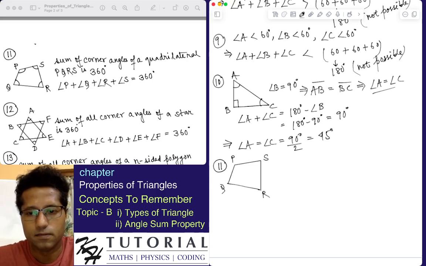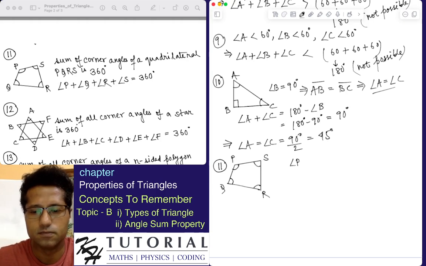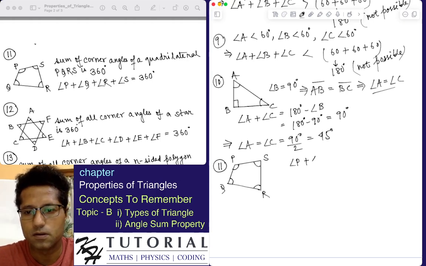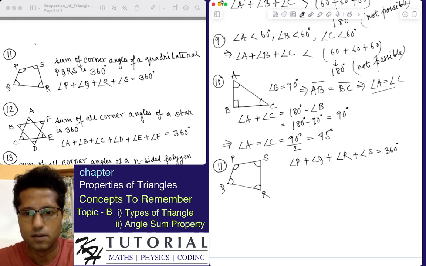Now the angles P, Q, R and S, their sum is always 360 degrees in any quadrilateral. Why is it so? I'm just giving you a very brief and short argument.